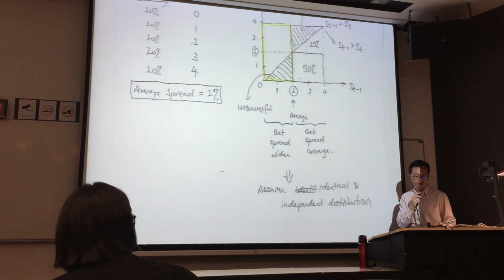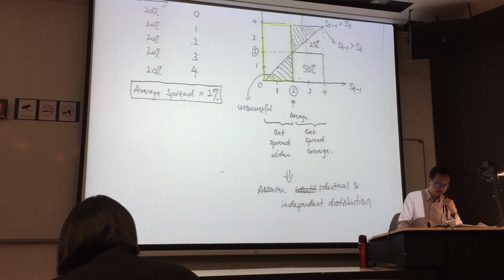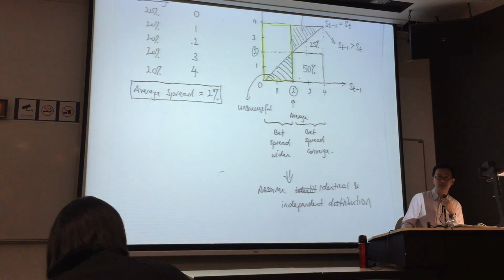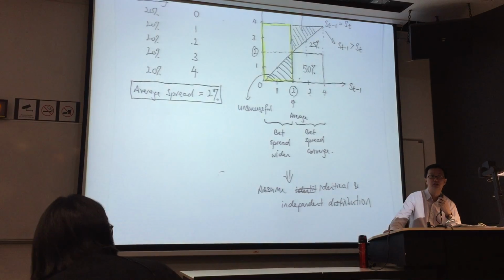Understand? So that will be the last topic. Here it asks you to demonstrate why the strategy will yield a profit of 75% based on what I just described to you. Any questions?